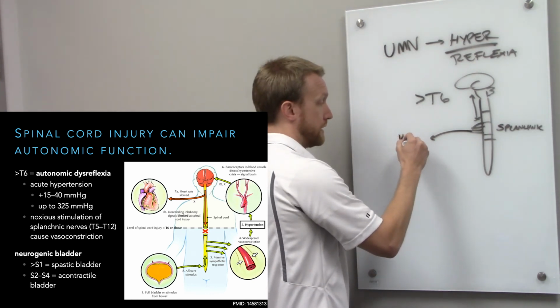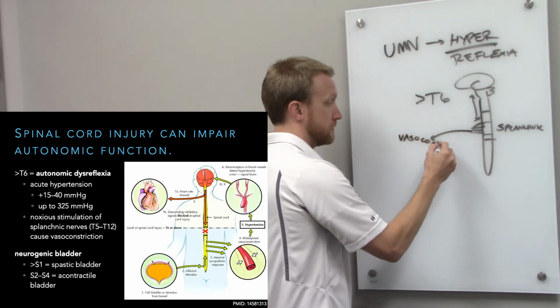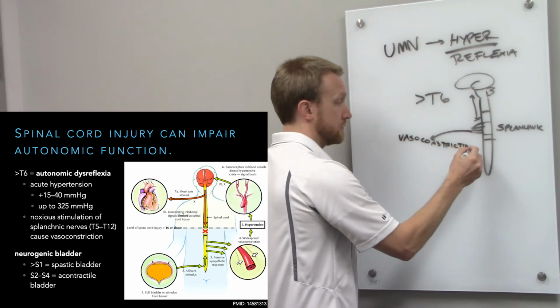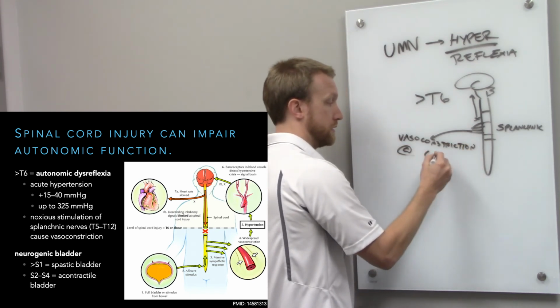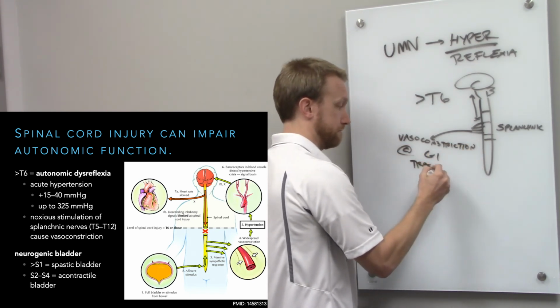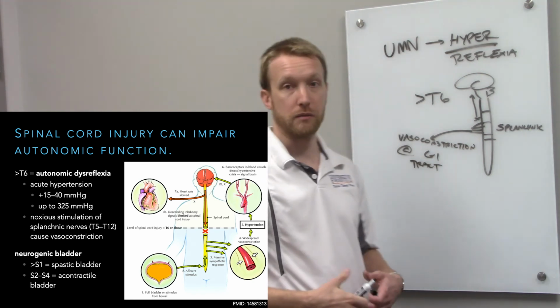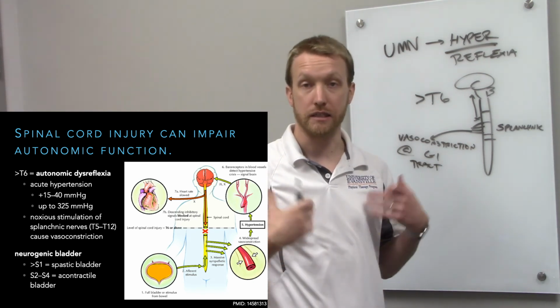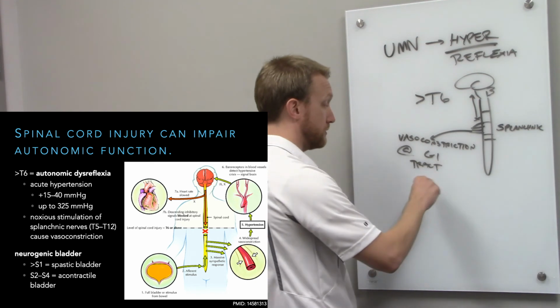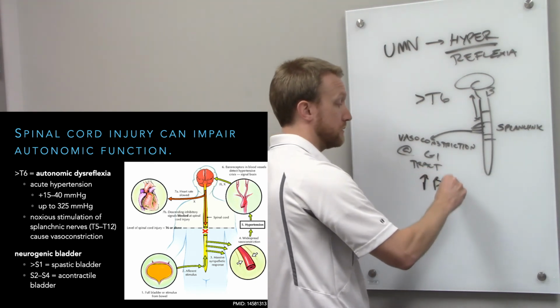These cause vasoconstriction at the GI tract. So this moves a whole lot of blood out of the gut and into the rest of the body. As a result, it increases blood pressure.